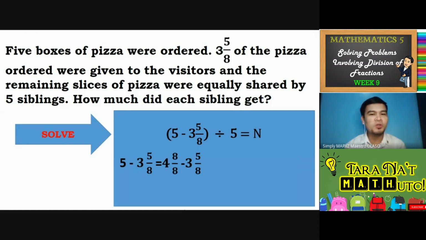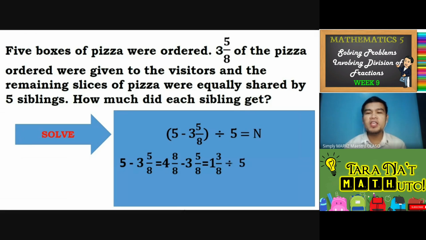So, pwede na tayong mag-subtract. Let us subtract now the whole number, 4 minus 3, then subtract the numerators and copy the common denominator. So we have 1 and 3/8. Naintindihan? Okay, now, nakuha na natin yung 5 minus 3 and 5/8. Ang natira na lang pala ay 1 and 3/8.